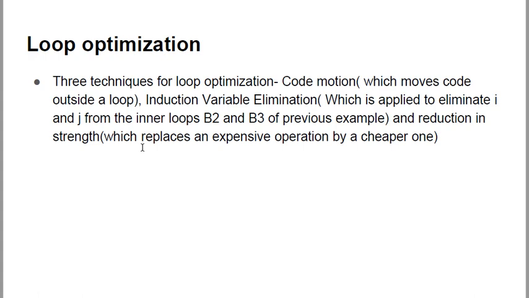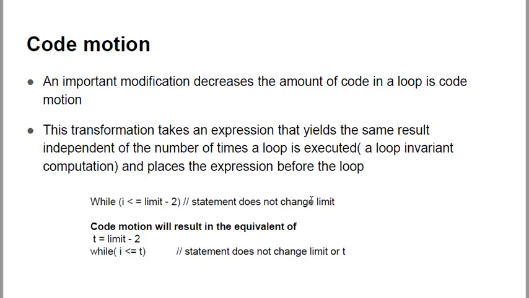So firstly, I will make you understand what is meant by code motion. Okay, code motion is an important modification which decreases the amount of code in a loop. This transformation takes an expression which will yield the same result independent of the number of times a loop is being executed, and places the expression just before the loop.